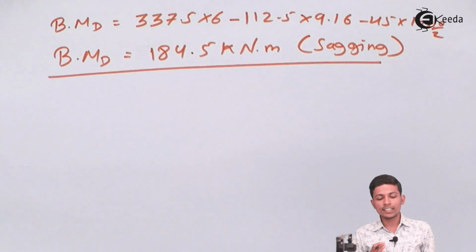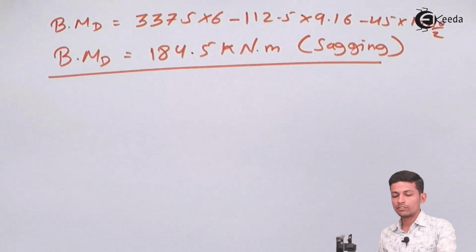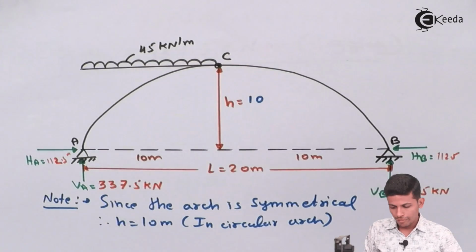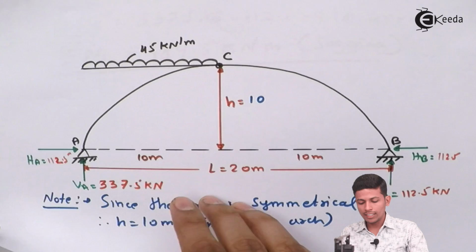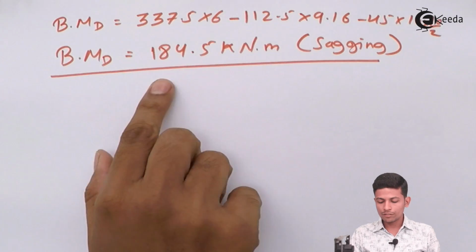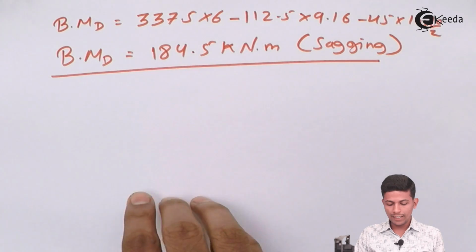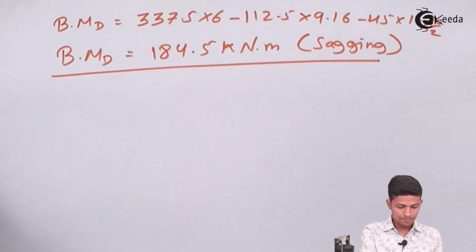After that, let's consider the other part. This is nothing but C and B. Now see students, we have done with this part A and C, and we got the value of sagging 184.5 kilonewton meter.